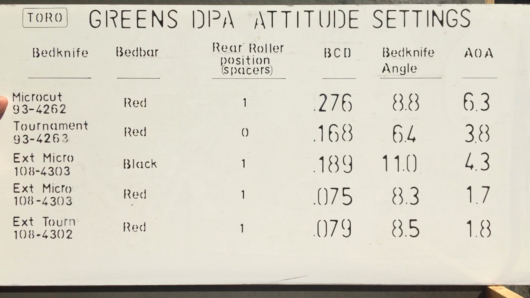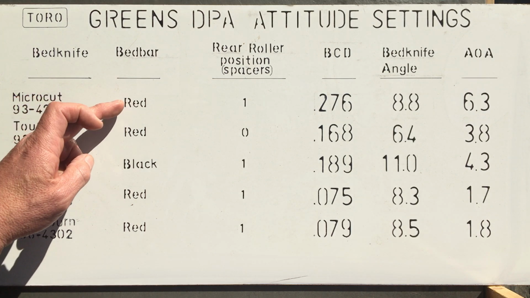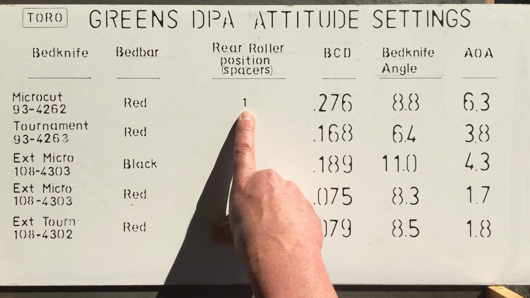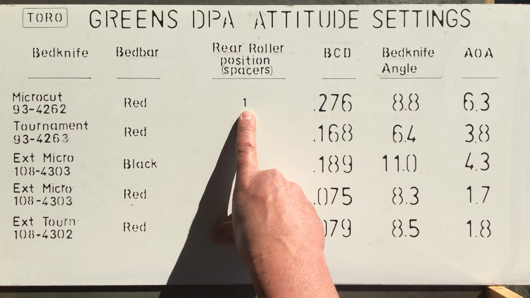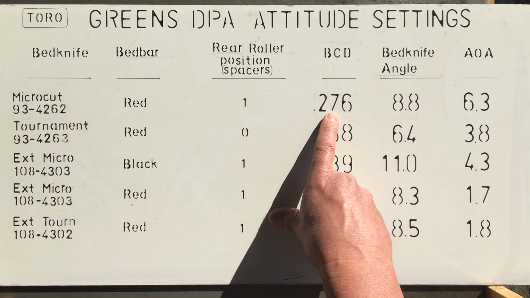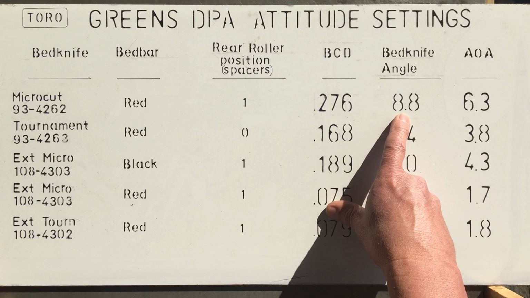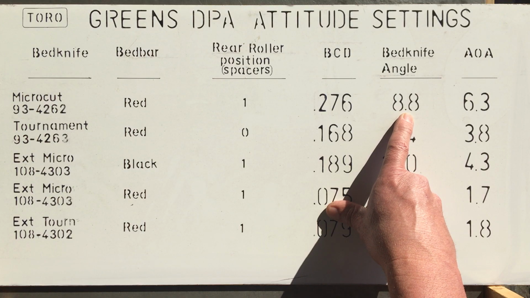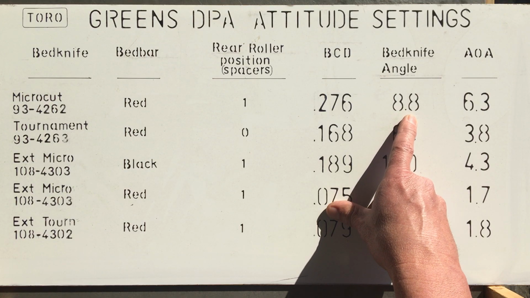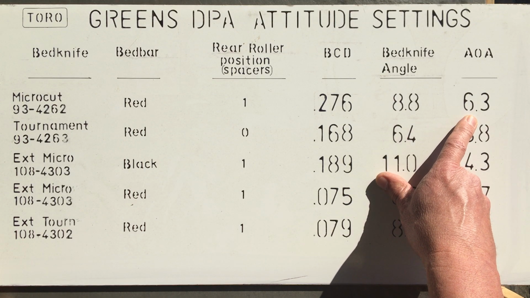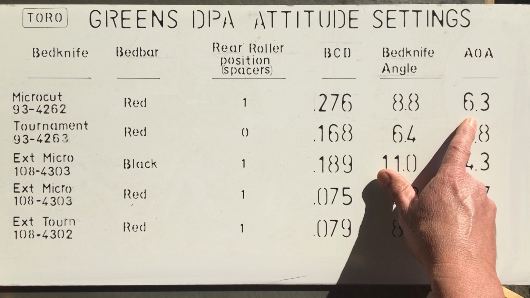So here we have your typical standard length micro cut bed knife with the standard red bed bar and one spacer employed on the rear roller, and this yields a BCD of 0.276, an attitude of 8.8, and the angle of aggression of that setup is 6.3.